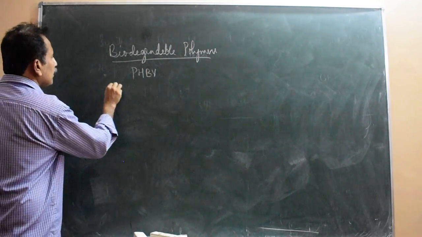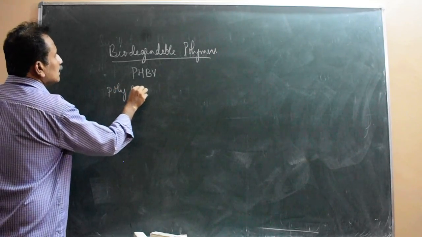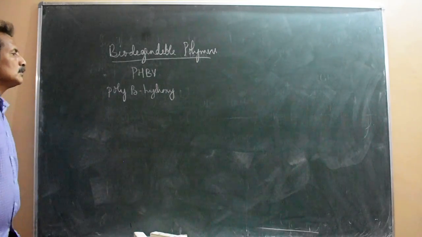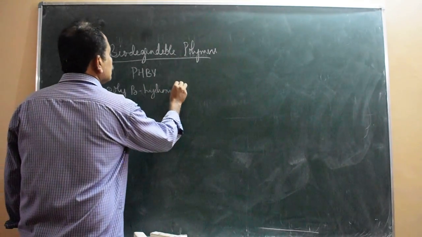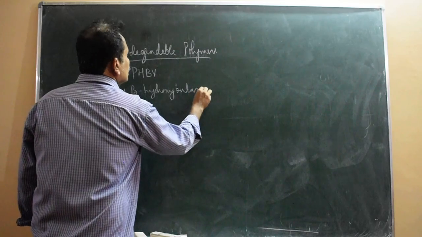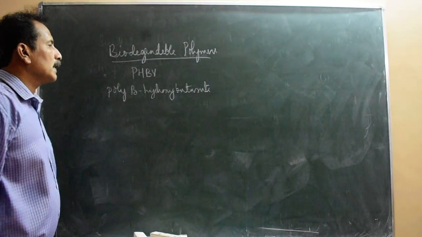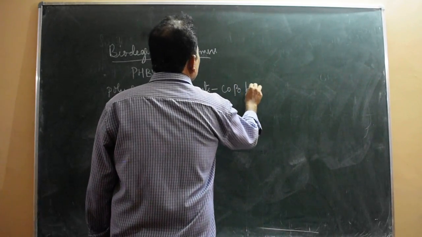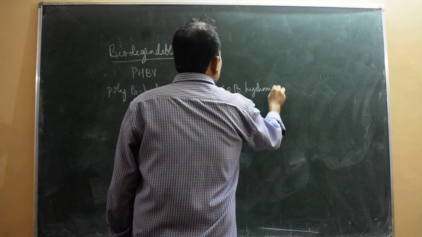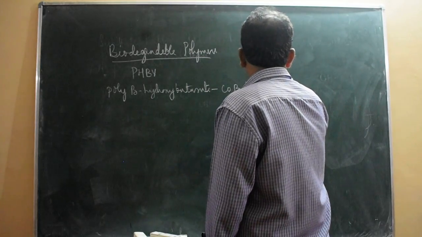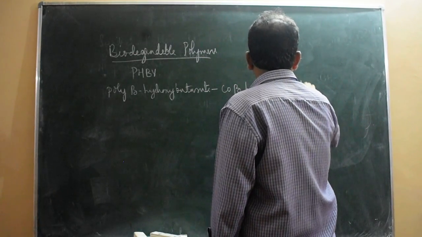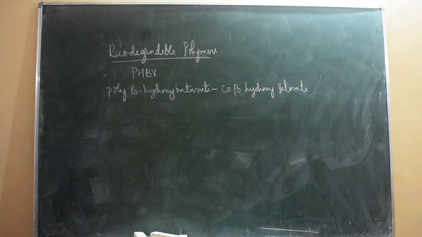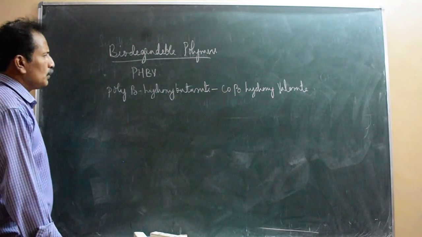PHBV is poly-beta-hydroxybutyrate-co-beta-hydroxyvalerate. Okay, so this is one of the biodegradable polymers. So how do you get this?